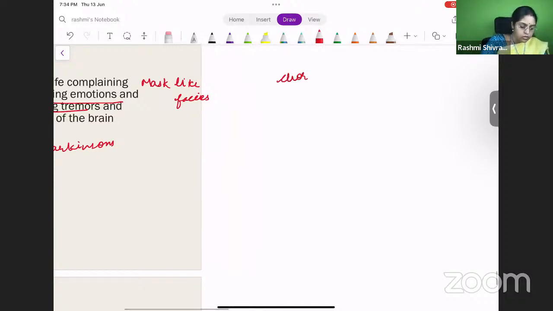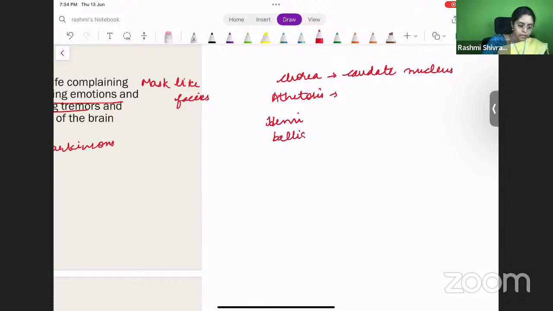If there is chorea, where is it seen? It is seen because of a lesion in the caudate nucleus. Chorea, caudate nucleus. What are other things we need to remember? We have to see about athetosis, hemibalismus, and dystonia, right? Athetosis, where do we see?